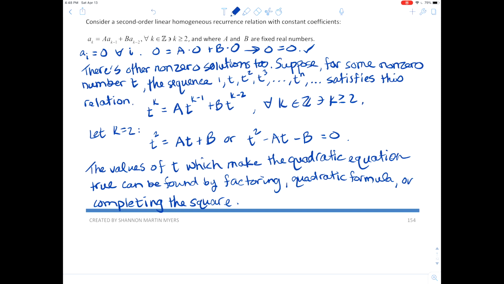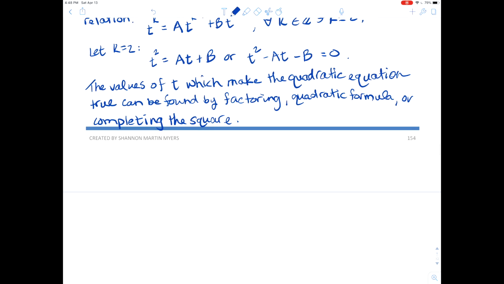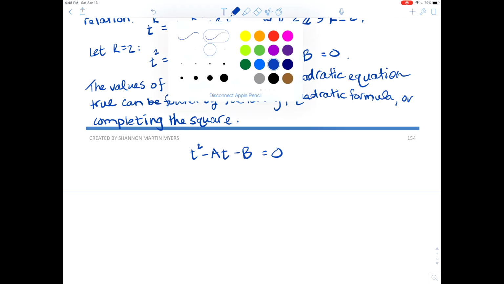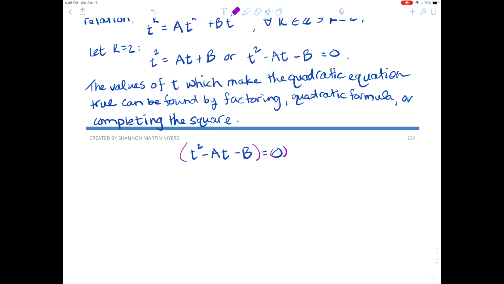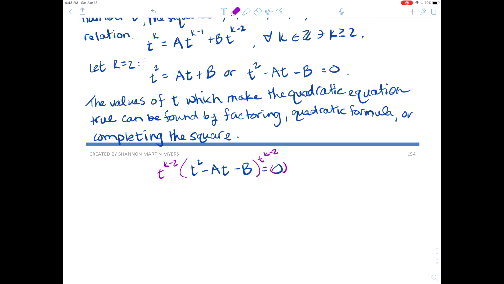So let's check it out, okay? Let's make sure it works. So if we take t squared minus a times t minus b, and it's equal to 0, and we multiply both sides by t to the k minus 2, are we going to get this equation back?